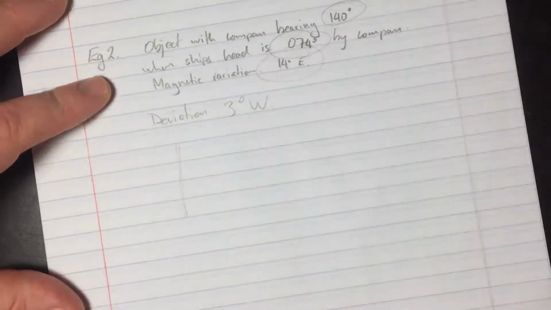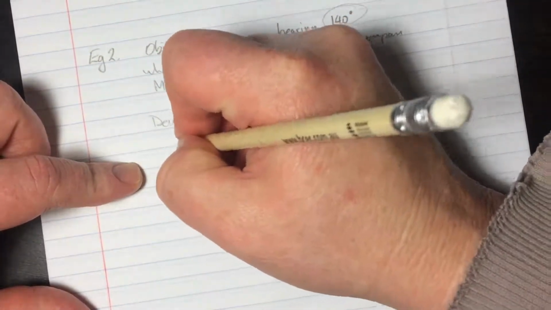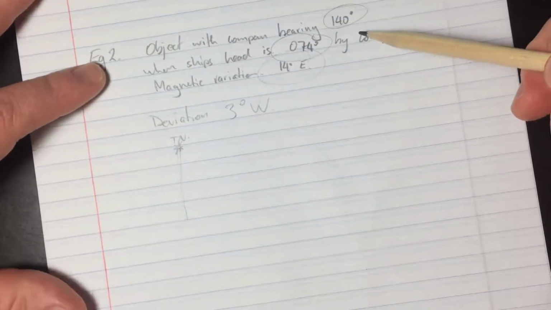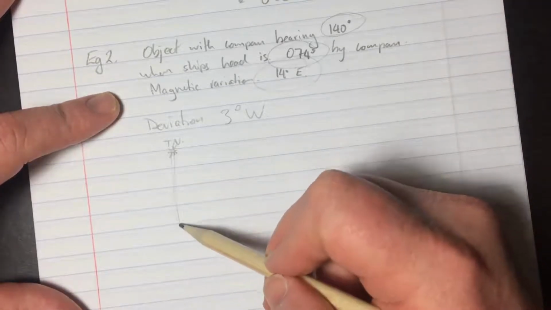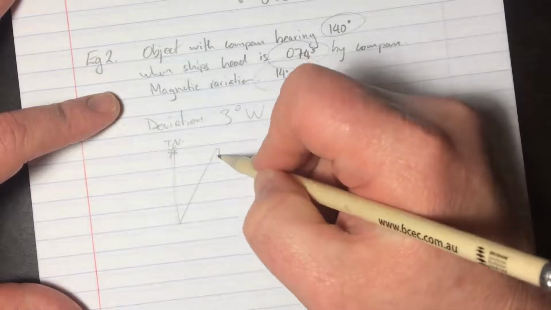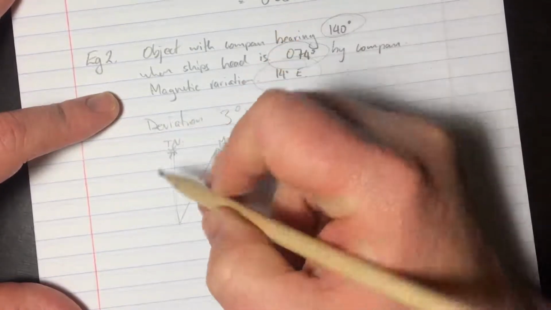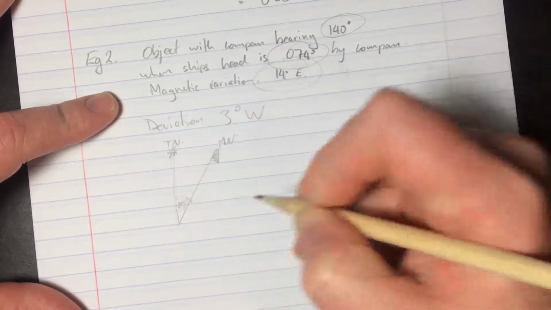So let's just try and work out what's going on here. If we have a true north, which is straight up on our page, and we have a magnetic variation of 14 degrees east, it means that magnetic north is actually 14 degrees east of true north.